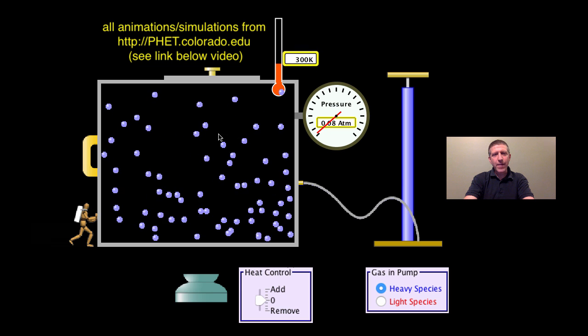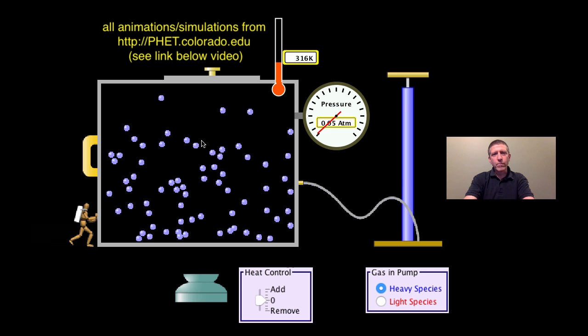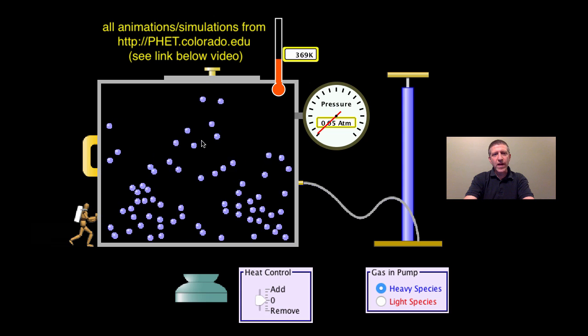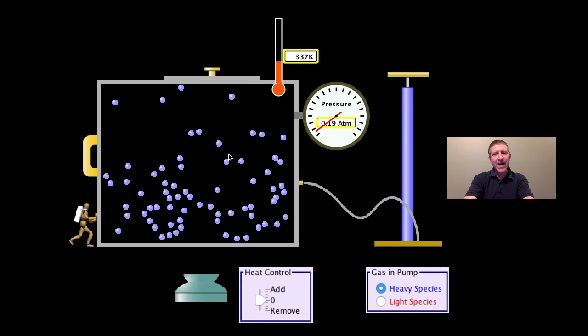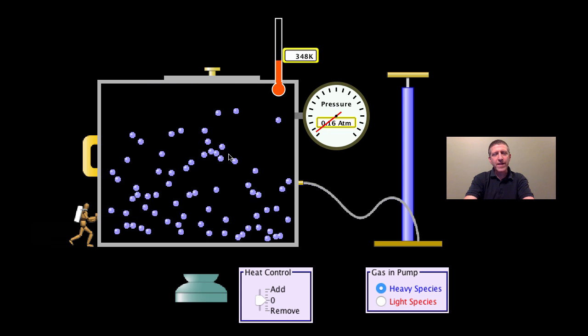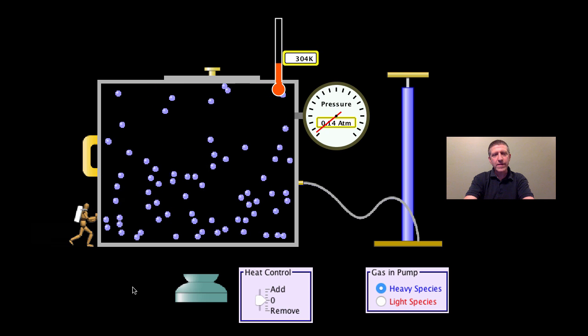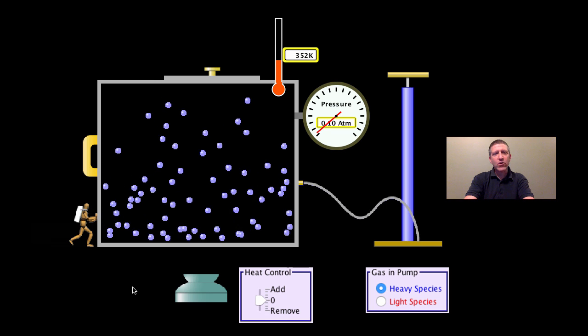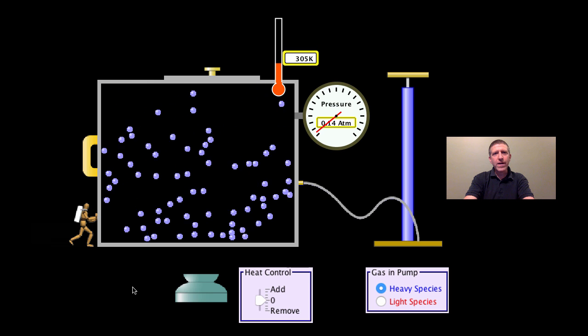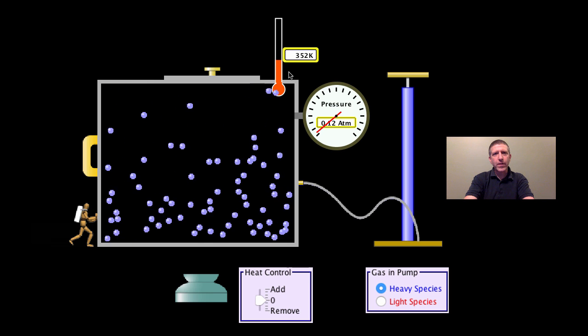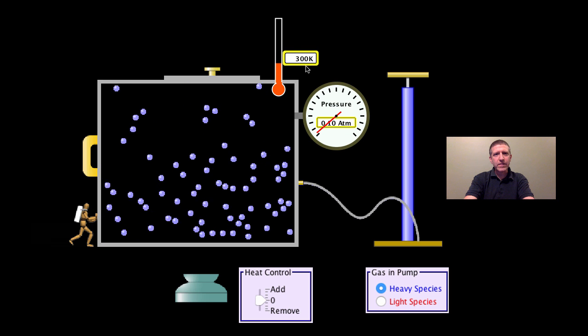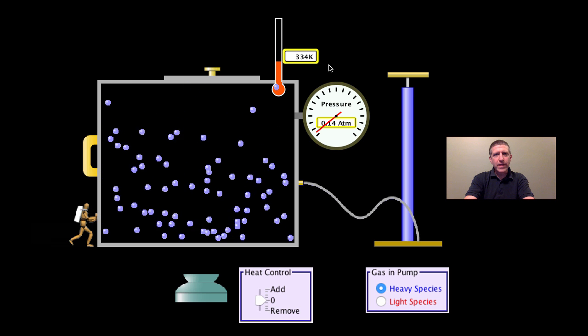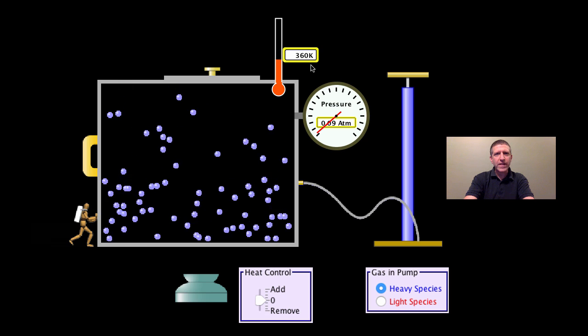It's monatomic, so it could be best emulated in real life by something like argon, neon, or helium, all of which are monatomic noble gases. I'm going to show you a couple of different ways that I can add energy to this gas. Right now the thermometer is varying a little bit, reading somewhere around 350 in general.